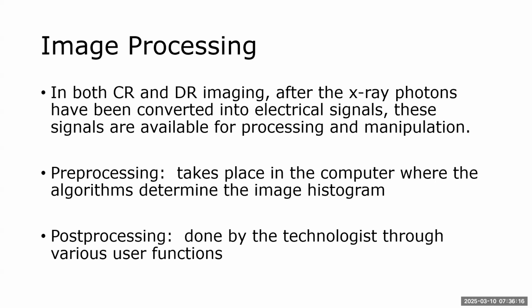So whether we're talking about CR or DR, after those photons have been converted into signal, then we can manipulate that either while it's processing, meaning the algorithm that's used to determine the image histogram, again, choosing the correct projection associates the correct lookup table with that exam, or the post-processing things that we can do after the image is popped up.